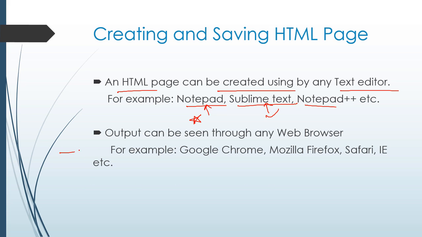And for checking the output, you can use any web browser, any sort of web browser that you have on your mobile phone or computer. It can be Google Chrome, Mozilla Firefox, Safari, Internet Explorer, or the new sensational one, Microsoft Edge.